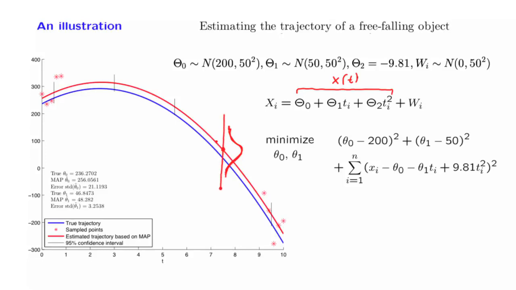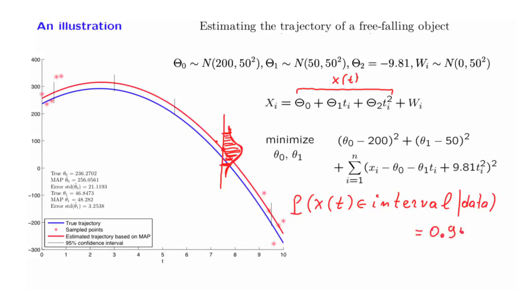And once we have such a posterior probability distribution, we can find an interval with the property that 95% of the probability is inside that interval. In other words, we construct an interval with the property that the probability that x of t belongs to the interval, now we're talking about posterior probabilities, so it is a posterior probability given the data, is, let's say, 0.95.